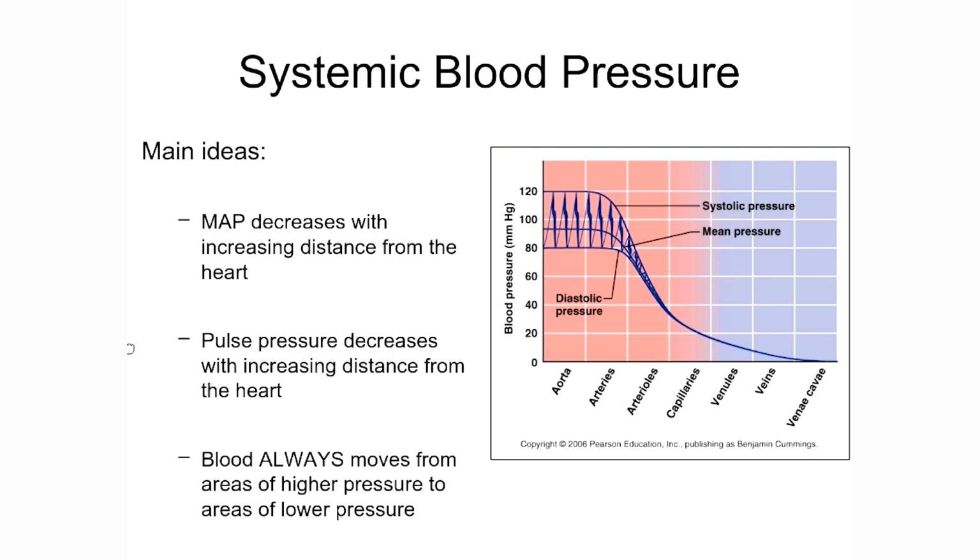And that's because when we're talking about the systemic circuit and the pathway that blood takes, blood moves from arteries to capillaries into veins before it returns back to the heart. And if blood's moving from areas of higher pressure to areas of lower pressure, then we've got to have a higher pressure in the arteries, a lower pressure in the capillaries, and a lowest pressure of all within the veins.